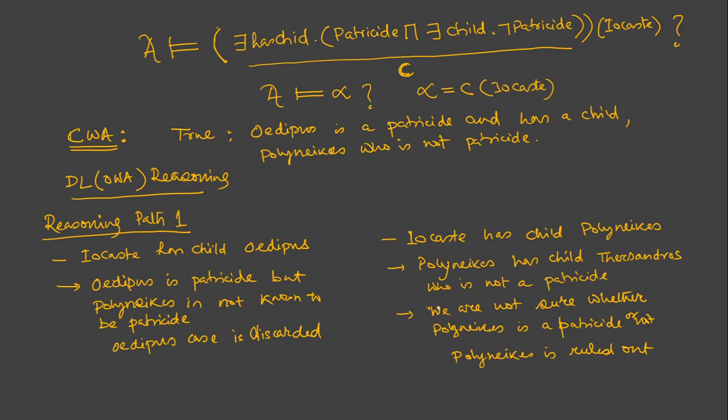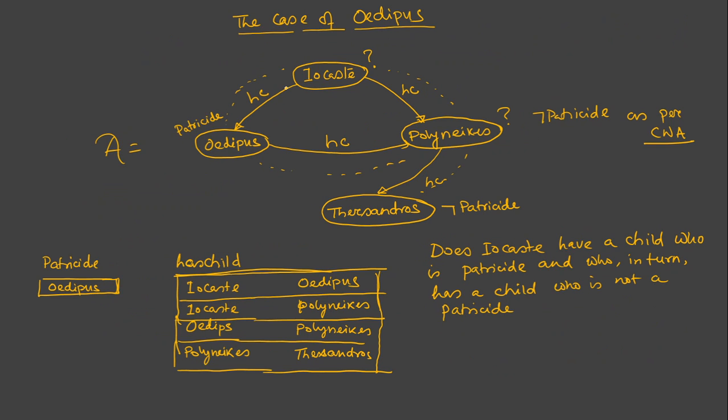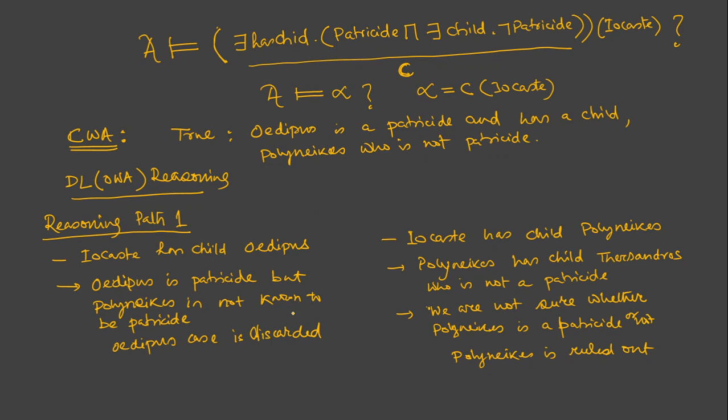So you see, we are left with no option. Through this path we do not have the answer to be true, and through this path the answer is also false. So here we can say that A does not entail C of Iocasta.